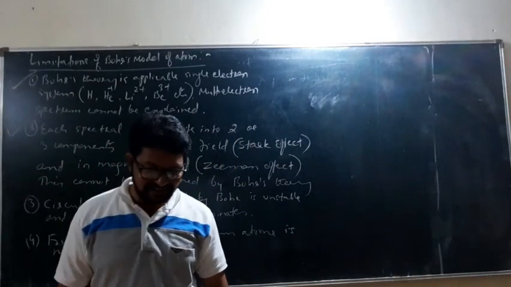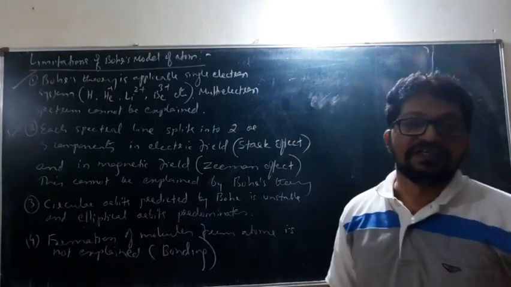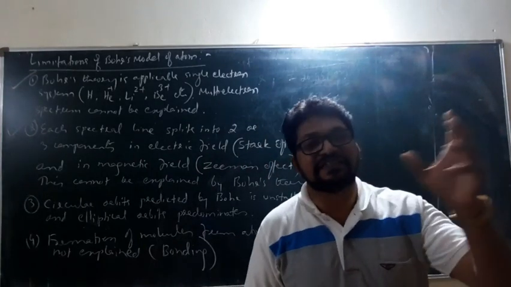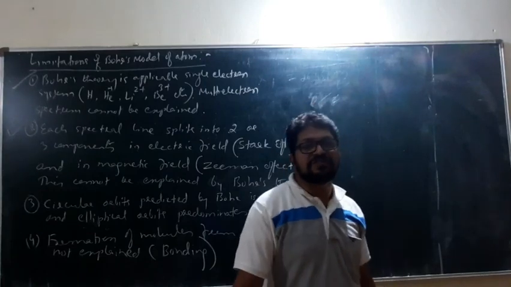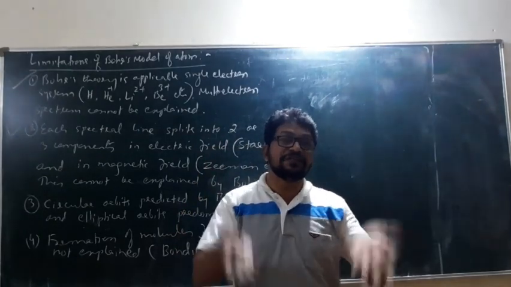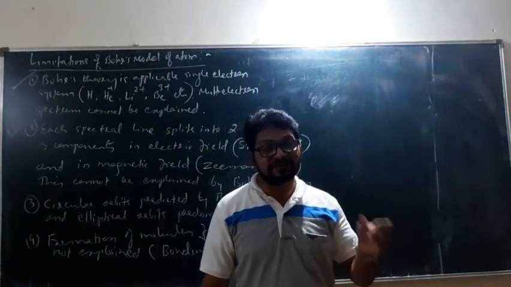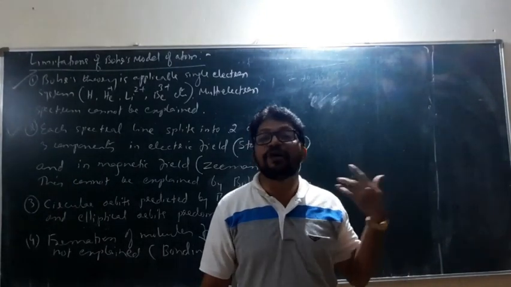Now, listen here. When Bohr's theory also failed, what should happen? Different scientists started thinking about the atoms, and by that time the wave nature, rather than particle nature, started taking predominance.